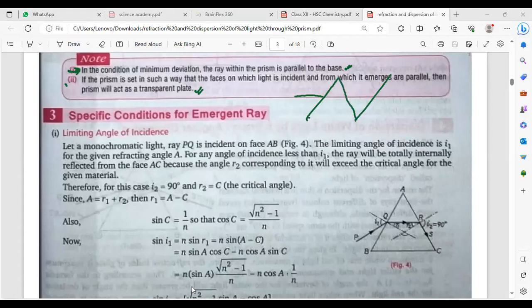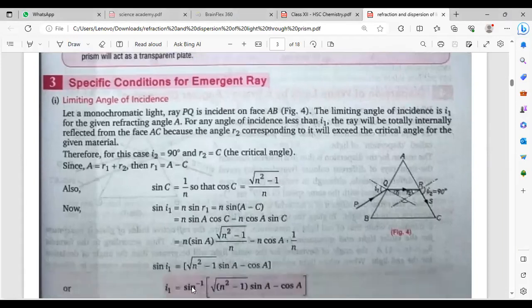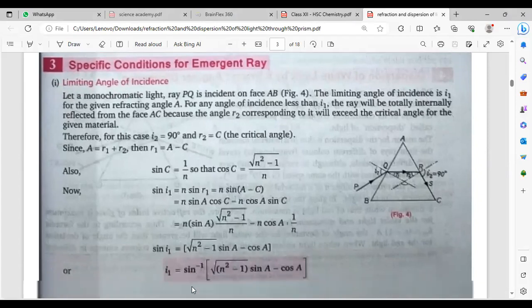So basically दो prism अगर हम डालते हैं उल्टा करके, तो it behaves as a normal glass plate. ठीक है?